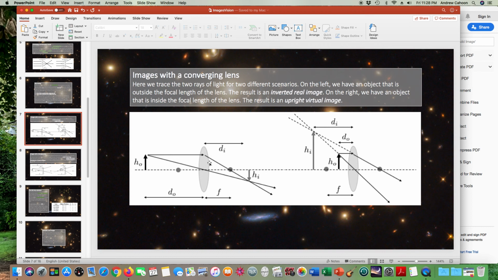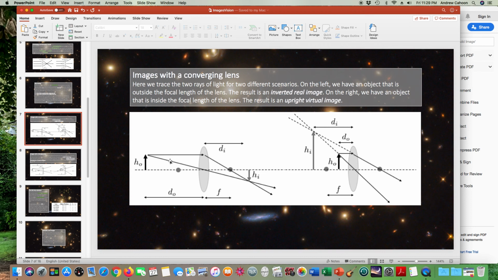These lenses are symmetric, so they have a focal point on either side. This point is 20 centimeters from the center of the lens, and this point is 20 centimeters from the center of the lens. But the object is 40 centimeters away, so it's outside of the focal length of the lens.